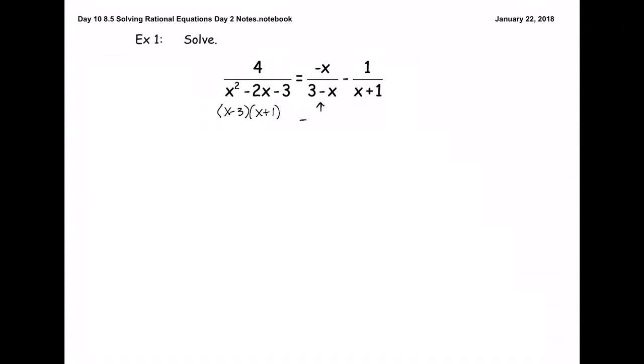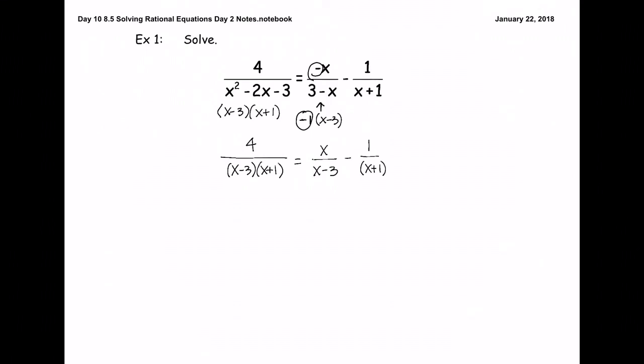When we factor out a negative 1 in that fraction, it becomes x minus 3. This negative 1 and this negative up top, we can cancel out and we can leave it x over x minus 3. If you want to bring your first ratio down, it'll help you keep things organized and clear. And then we have 1 over x plus 1.